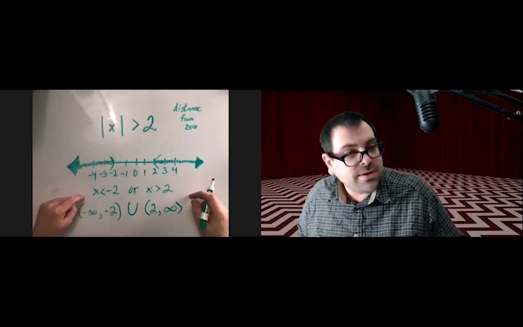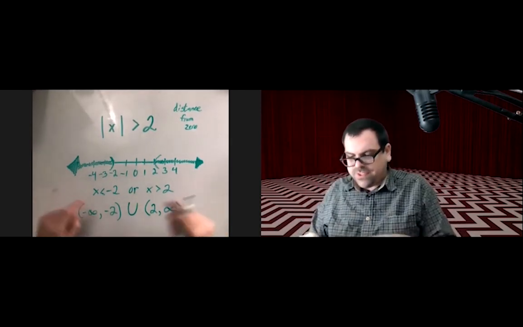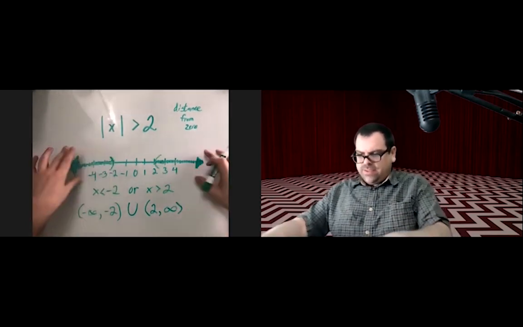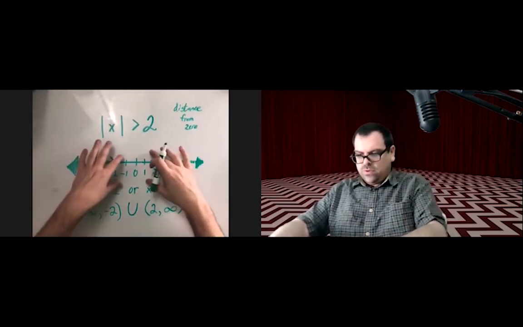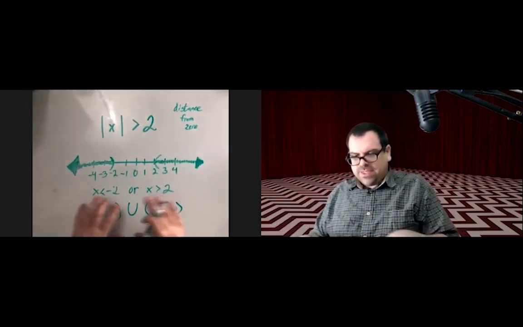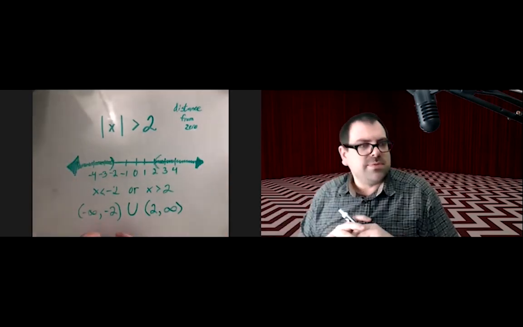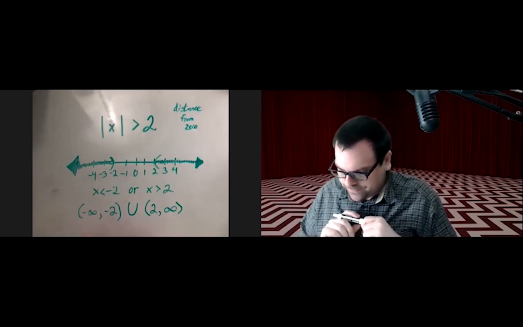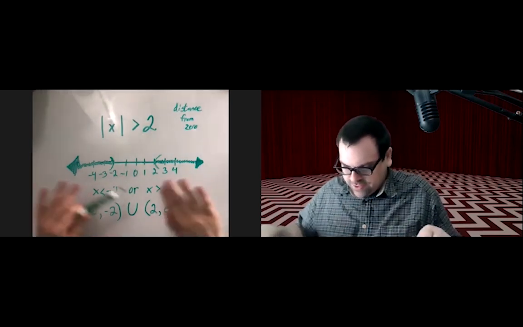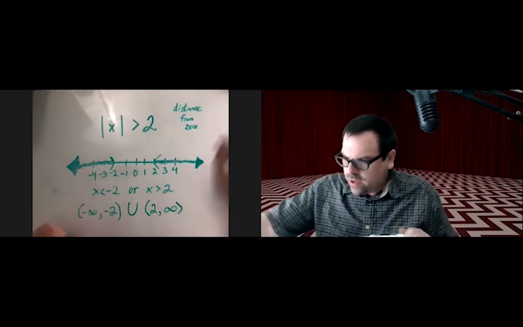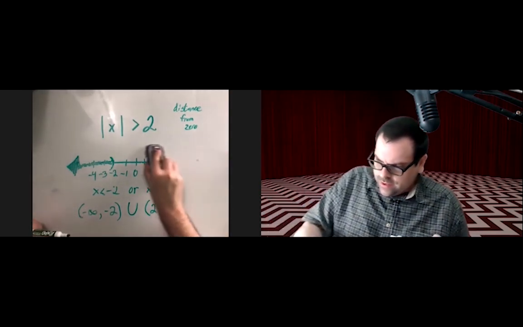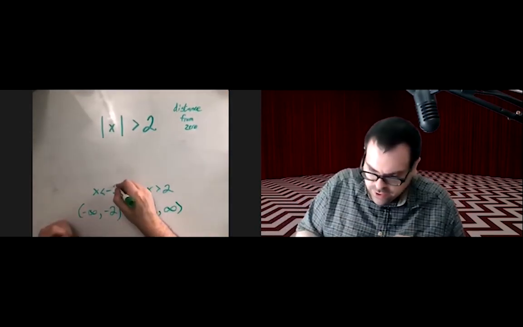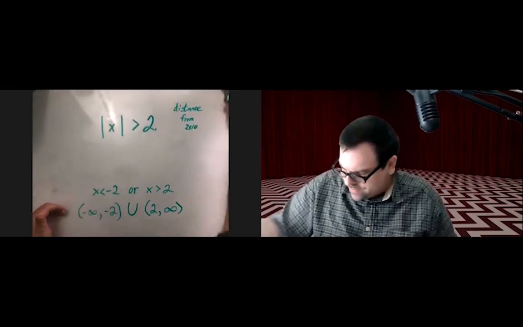And it's an or statement. An or statement because or is union. And we're taking these 2 intervals and we are joining them together and saying that both of them together make up the graph of where the absolute value is greater than 2. And let's find out what our shortcut is by looking at this.